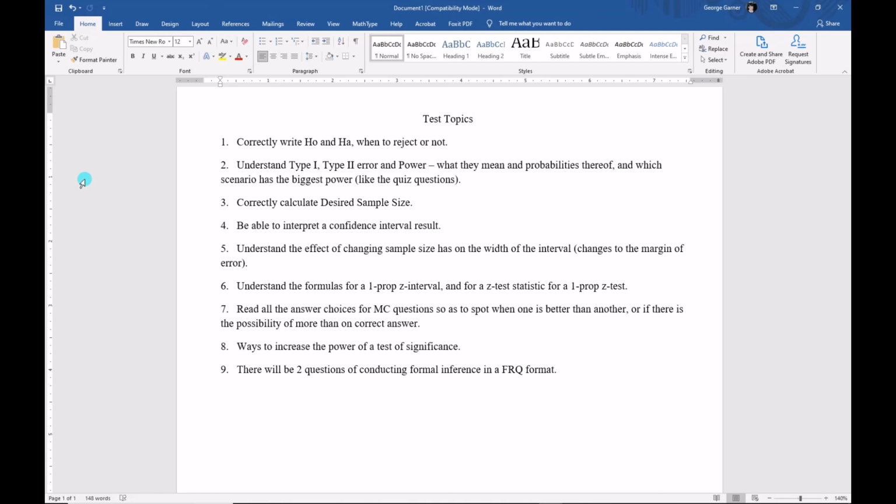All right, when you're doing multiple choice questions, whether it's for this test or the AP exam or for any test, definitely read through all of them. Don't be swayed by the first one that you think is right. Just confirm that anything that comes after it is not more right. Sometimes they'll give you 3 or 4 different answer choices, and maybe 2 of them will be correct, or 1 of them will be correct, or all 3 of them will be correct.